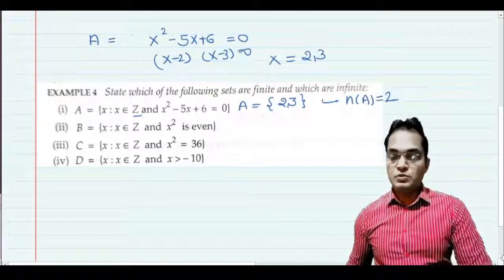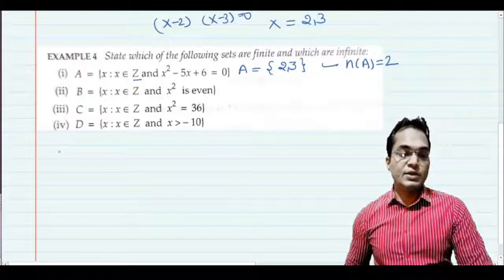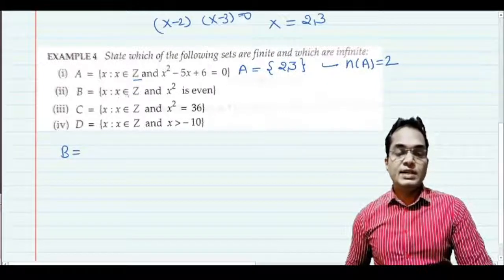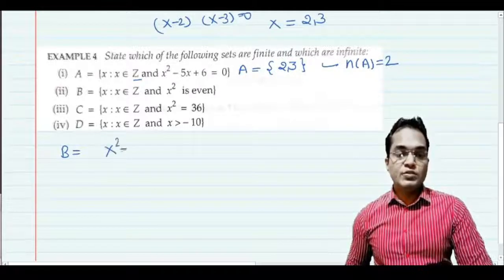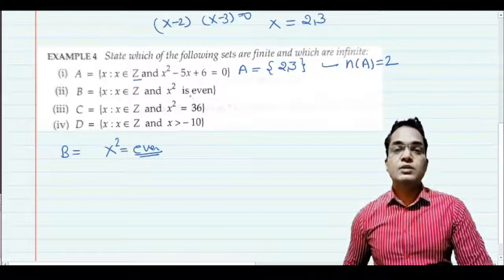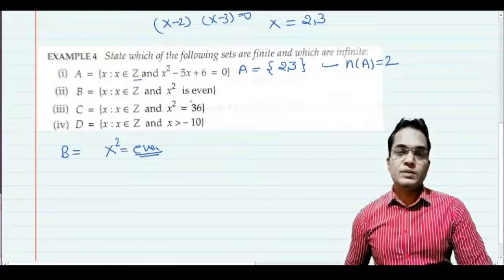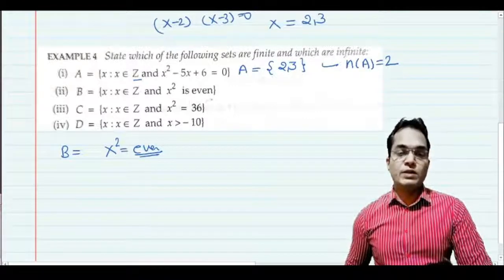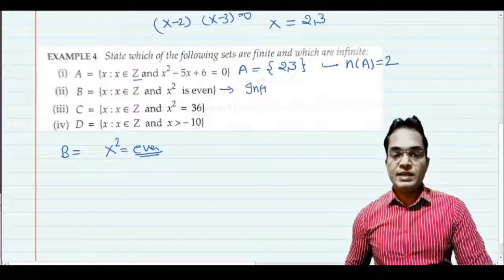Now question number 2, the second part, or you can say B. B is saying x such that x belongs to integer, x square is even. There are how many numbers in which x square is even? You can count it. No, it is uncountable. This is a type of infinite set.